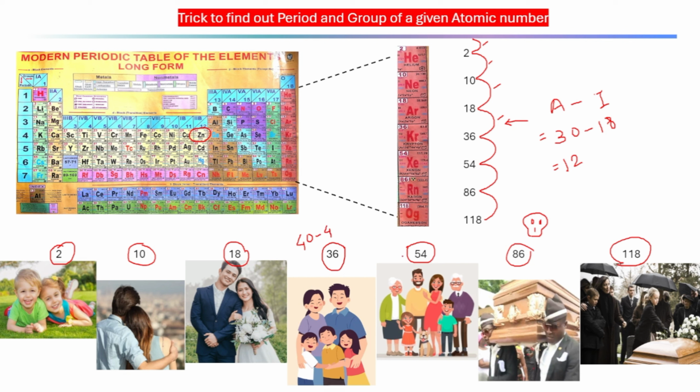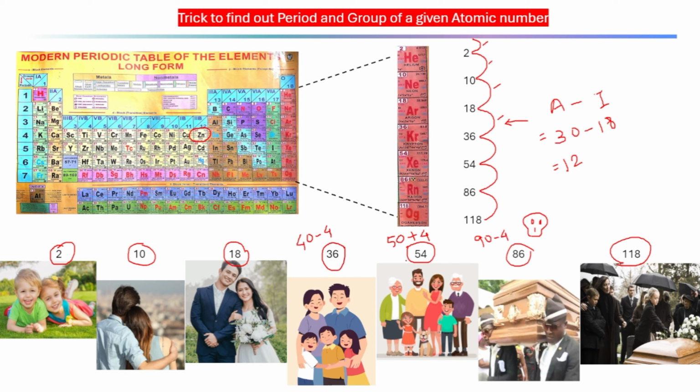This one is the fifth period, so this is actually 50 plus 4. And this one is the sixth period, you will do 90 minus 4.